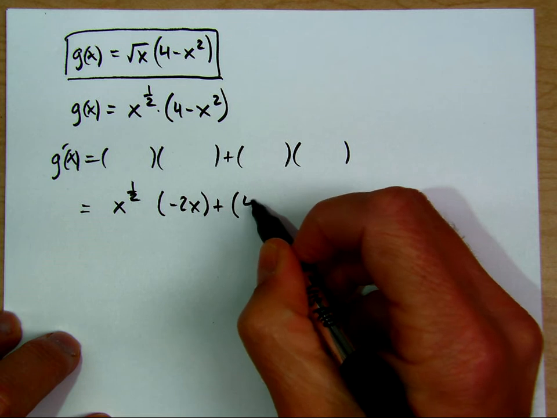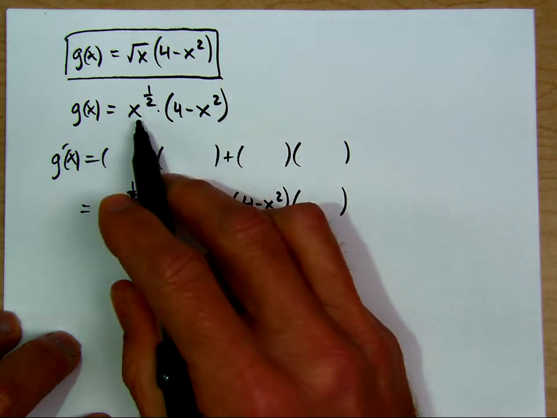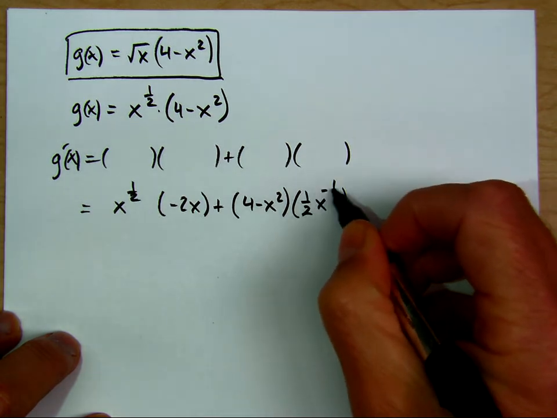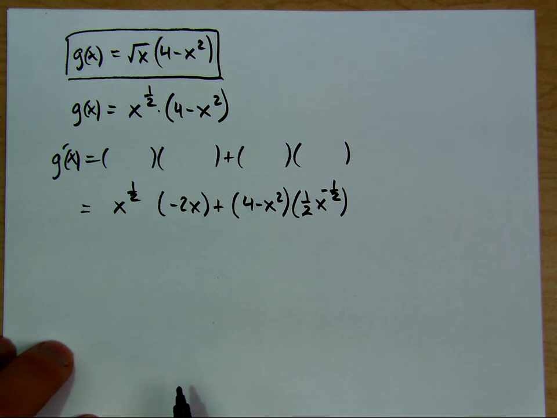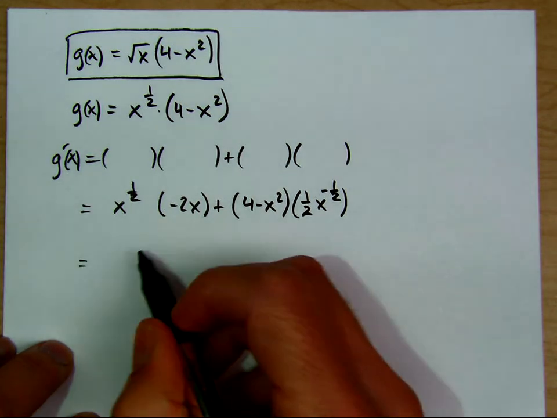And then we'll copy the second factor and then find the derivative of the first factor, 1/2 x to the negative 1/2, using the power rule. And let's rewrite this.